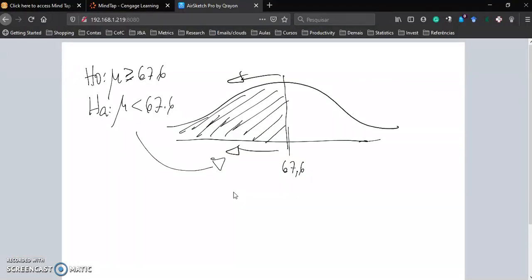So we have the null hypothesis that says that the mean amount spent by customers is smaller than 50. The alternative hypothesis is that the mean is higher than 50.